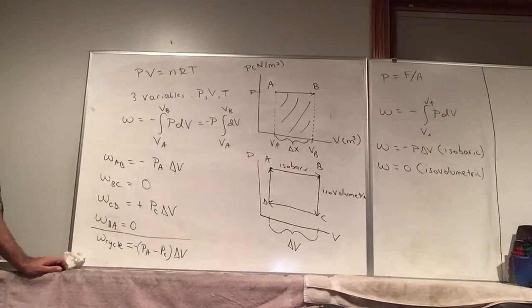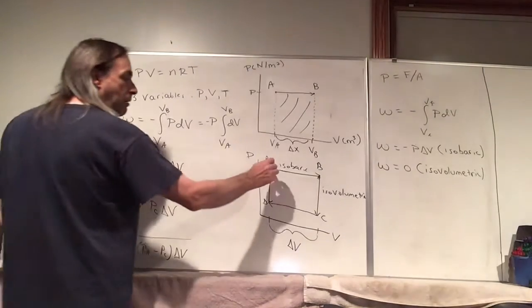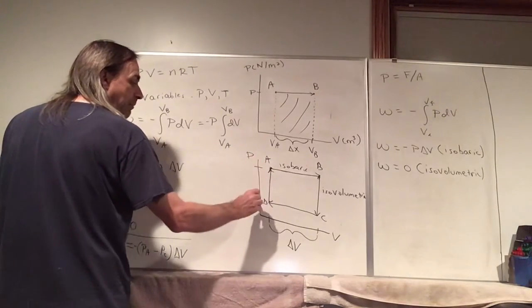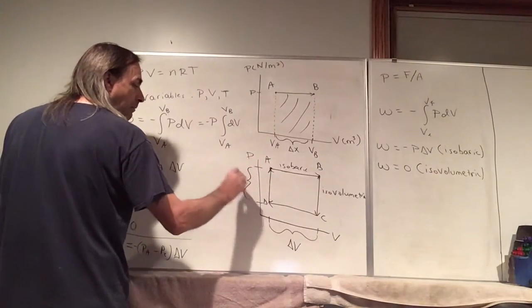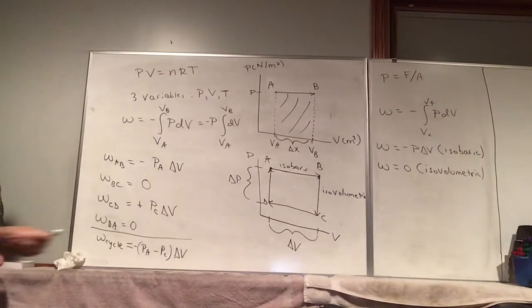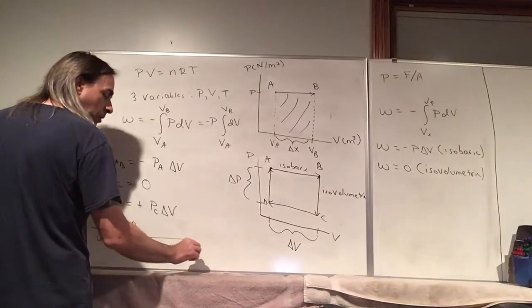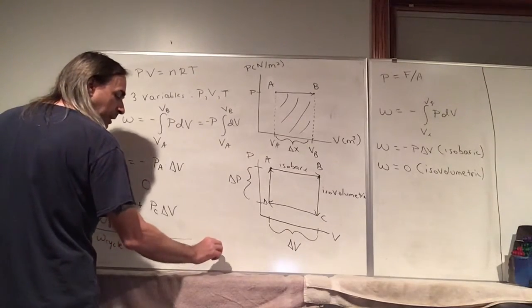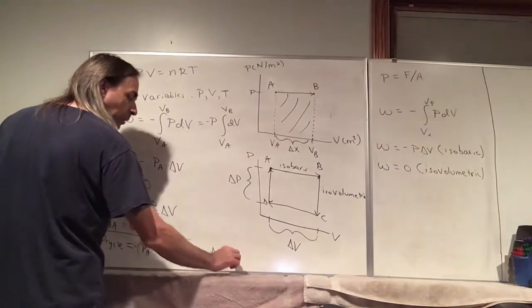Okay, now PA minus PC, or PD, same thing. For now, let's call that delta P. So the work for this cycle is minus delta P delta V.